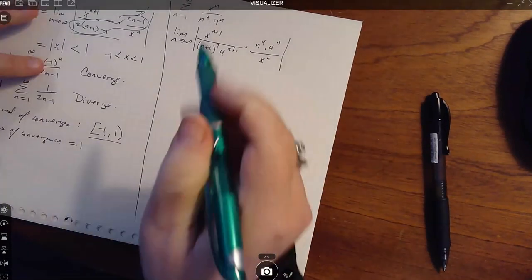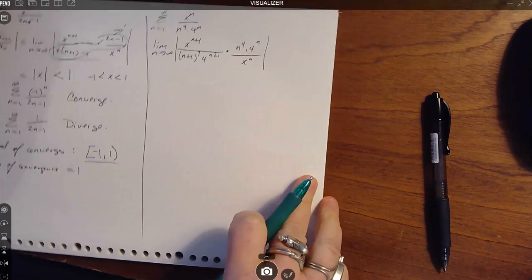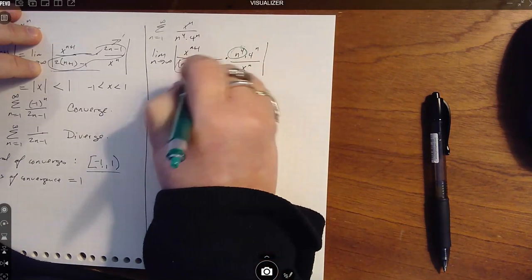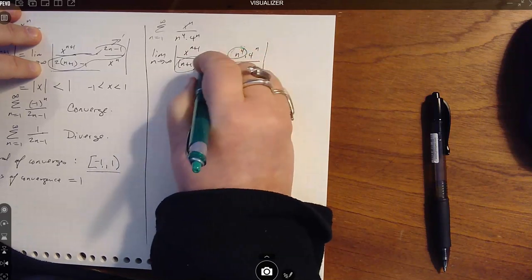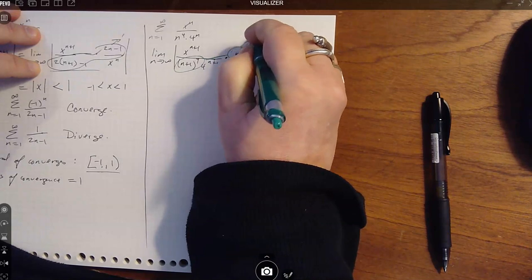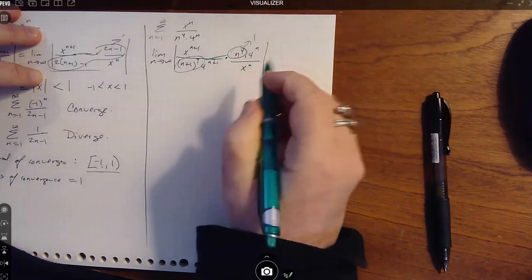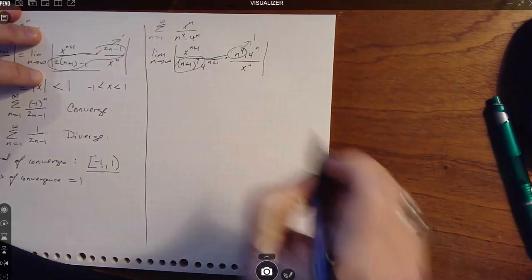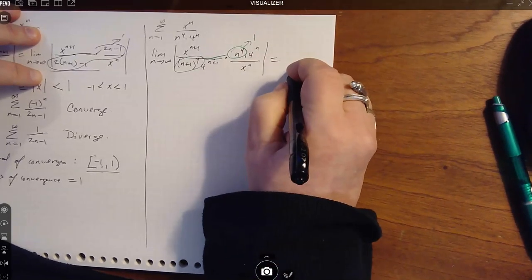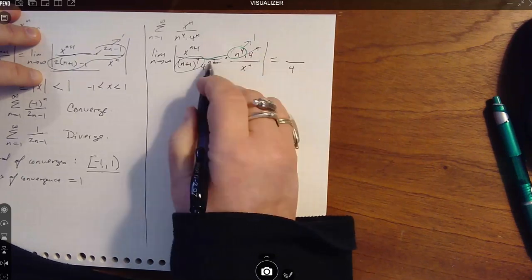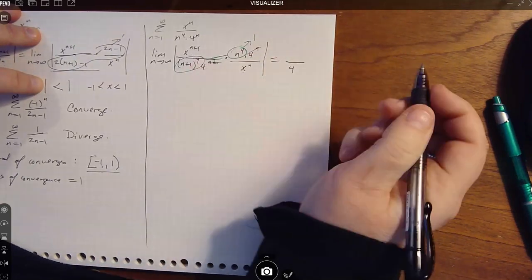Now again, notice the polynomial part, this n over n plus 1, both are to the 4th. So those two terms on top of each other go to 1. I have a 4 to the n on top, a 4 to the n plus 1 on bottom, which means I'm left with a 4 on the bottom. x to the n on bottom, x to the n plus 1 on top.